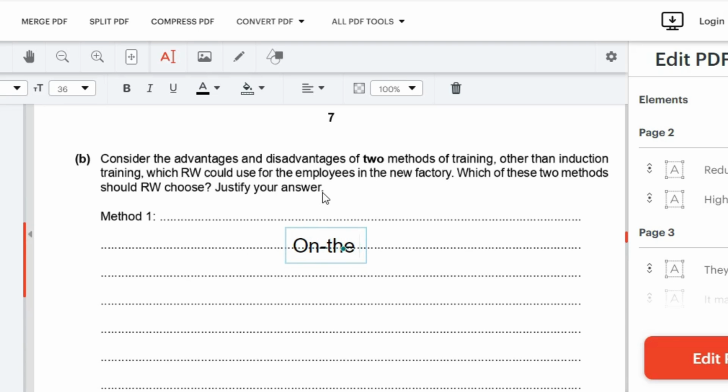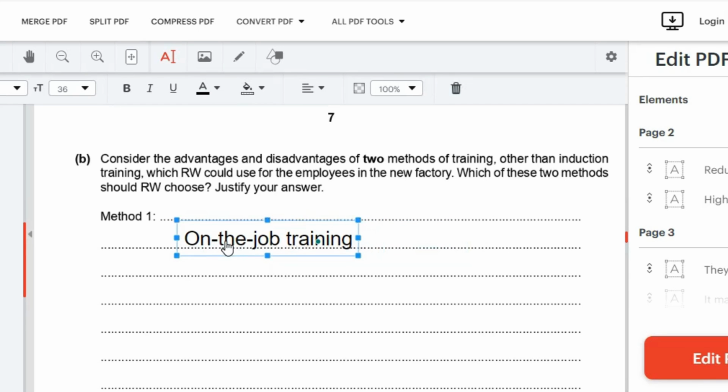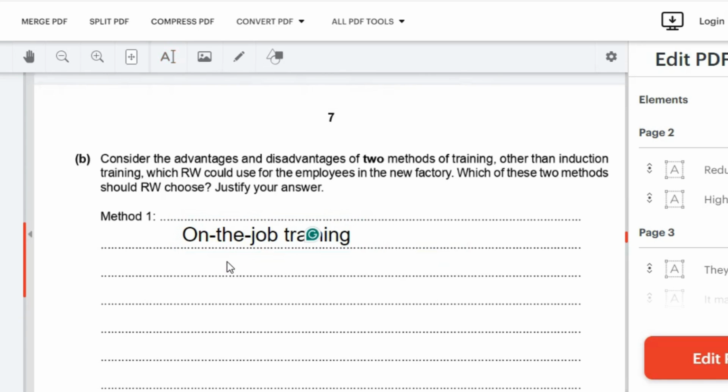On-the-job training. Of course, on-the-job training is training that takes place within a person's work environment. And how is this method an advantage to RW's company?